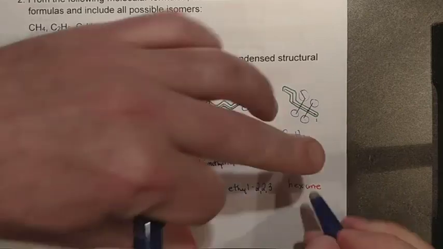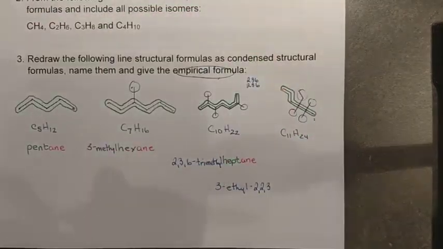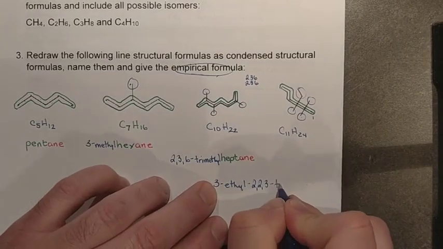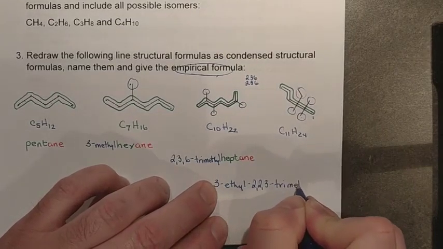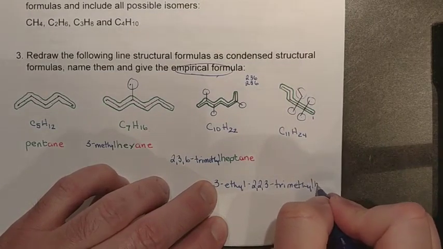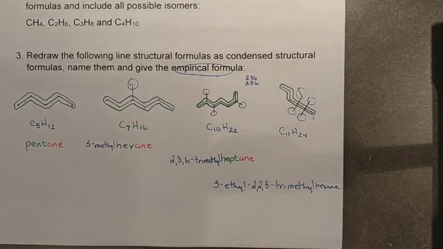I'm going to have to make myself some room. I have the 2,2,3-trimethyl. Ran myself way out of room here. Hexane. Okay, so that's a big, ugly, nasty one just for fun.